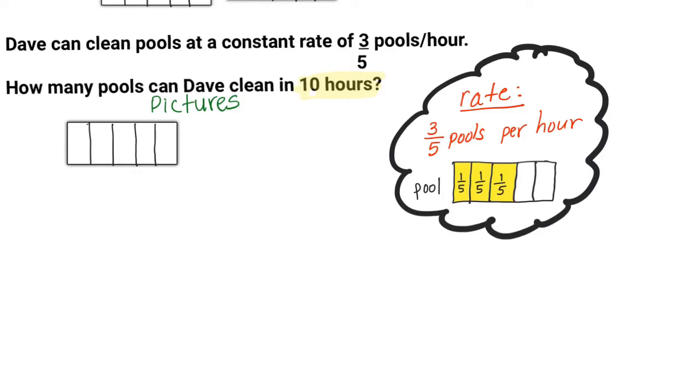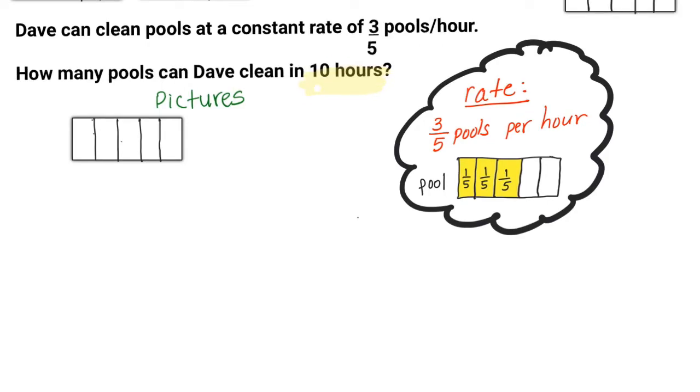So what we're going to do, I did a rectangle representing a pool. We're going to be coloring 3/5 to represent the hour. He only did 3/5 of a pool every hour. So let's use a color. We're going to do 1, 2, 3. That's 3/5.